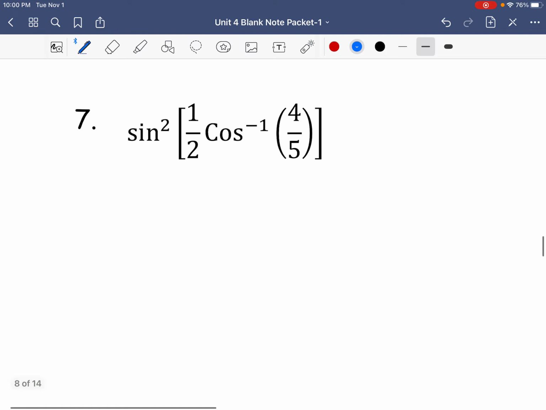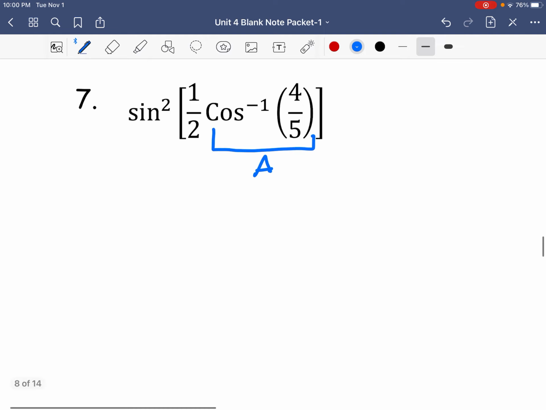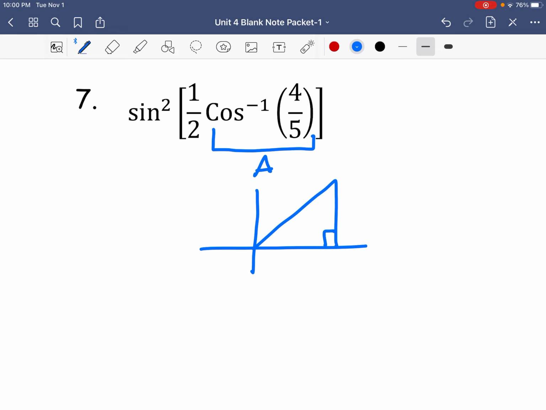Okay, let's try number 7 together. Number 7 says sine squared of 1/2, but this stuff right here is an angle. We'll call it angle A and we'll make a triangle. Quadrant 1. Here's A. Cosine is adjacent over hypotenuse. My missing leg is 3. Look at what's going on here.